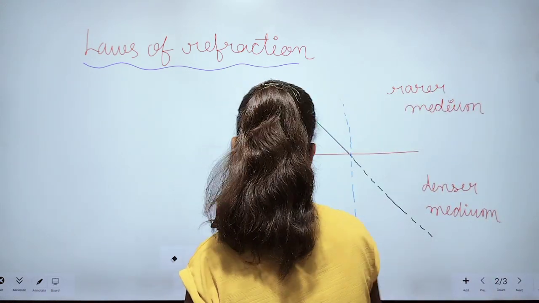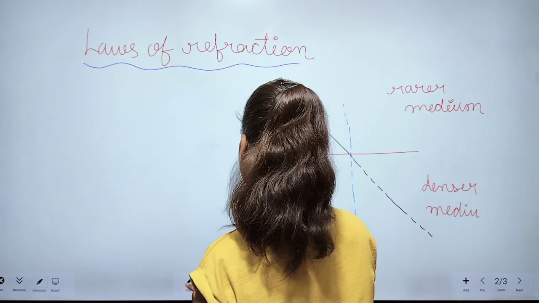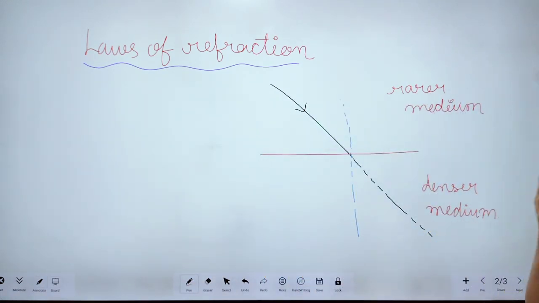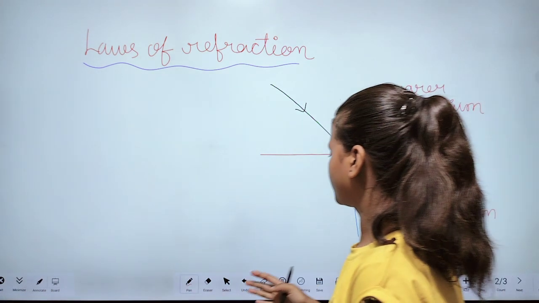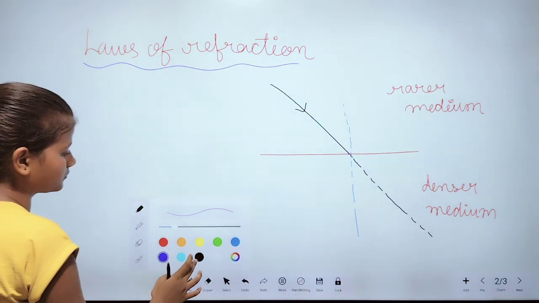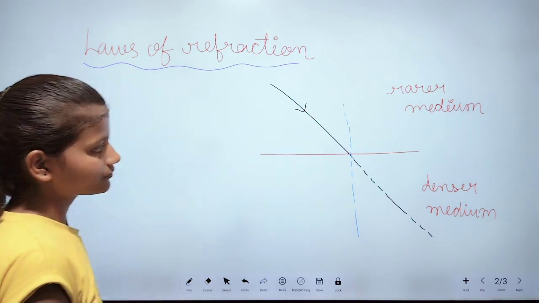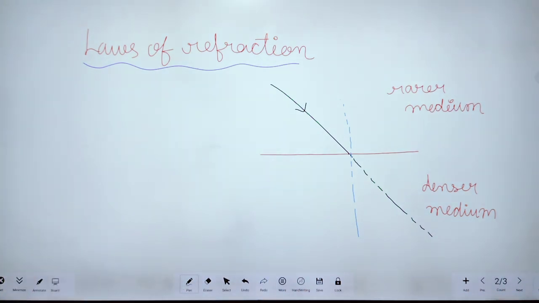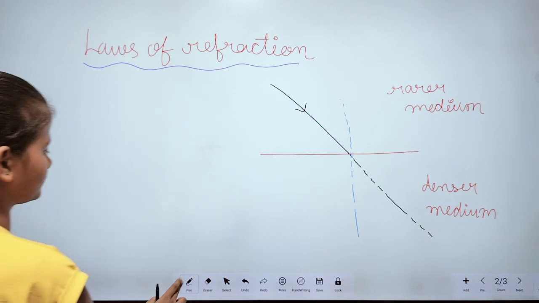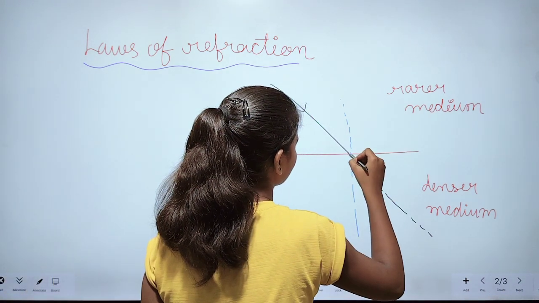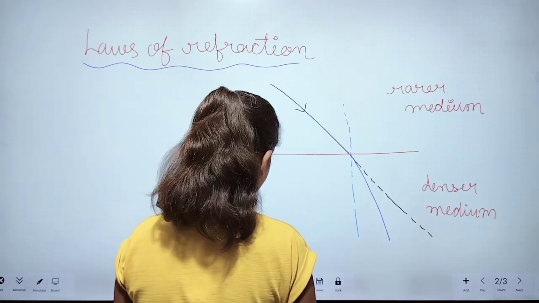When the light ray goes from rarer to denser, then the light ray bends towards the normal.